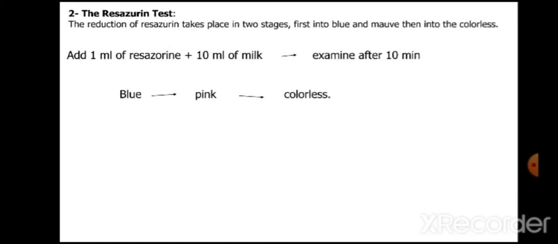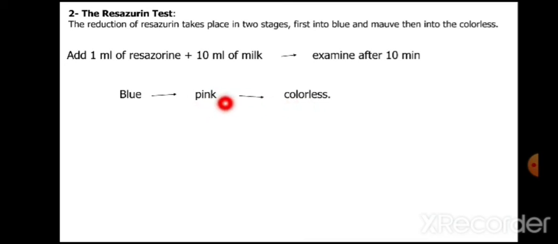There is another test which is not in your syllabus, but I am telling you this just for your information: resazurin is another indicator dye which is used. The principle is the same. Initially the color of resazurin is blue. If it is reduced, it gets converted to pink and then colorless.